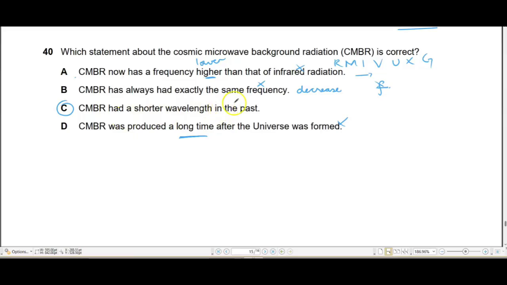Because CMBR is basically the leftover radiation from the Big Bang. Theek hai. And as the universe cooled and expanded, radiation was redshifted to the longer microwave wavelength that we see today. So in the past, the wavelength was shorter. Okay? So that is why we have taken it to be correct.